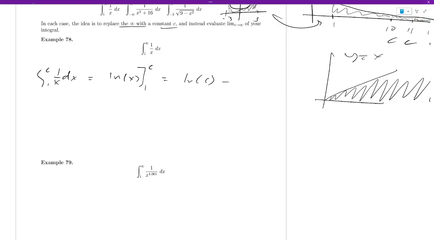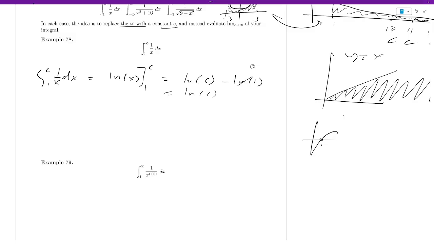We'll come back to that. What's log of 1? You might know that log of 1 is 0. The graph of log looks like this. That's 1, so that's 0. So we just end up with log of C. What that's saying is that if I integrate from 1 to C, the area I get is log of C.